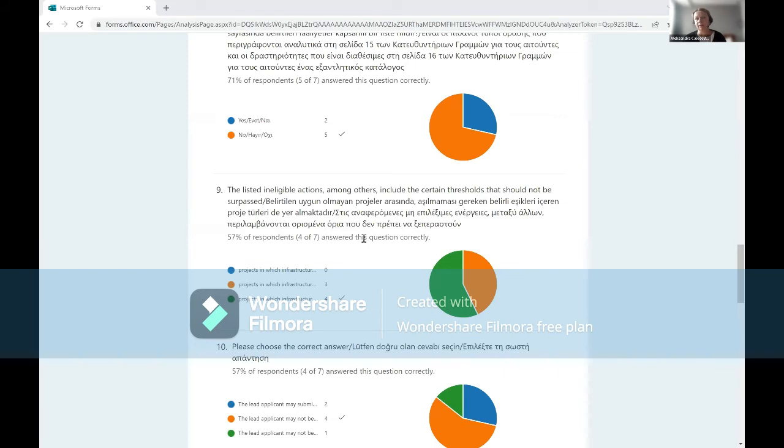But if you're planning a project with some infrastructural work, please bear in mind that the amount you are going to spend on it at the end can only be 10% of direct eligible costs. Direct eligible cost is a very technocratic term, but these are all the costs excluding indirect costs in your budget. You can open the budget template and you will see these expressions, formulas as well, and then it will be clearer to you what the term direct eligible costs means.